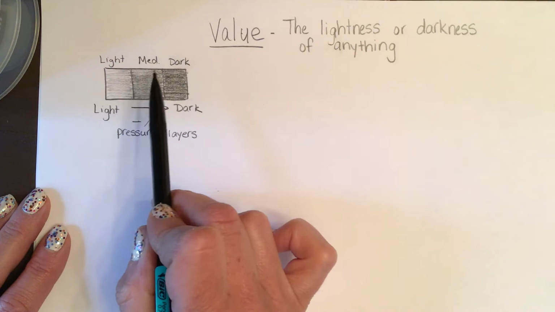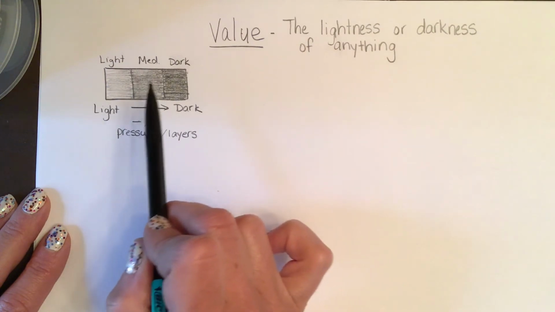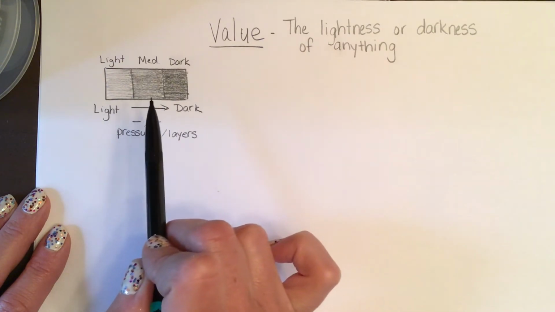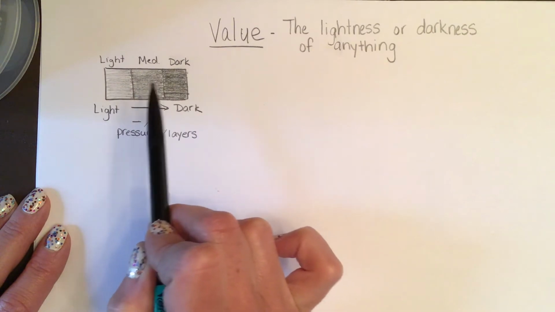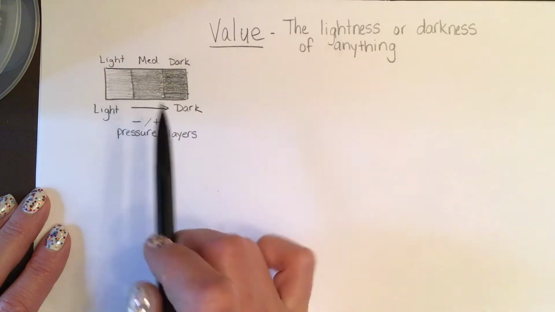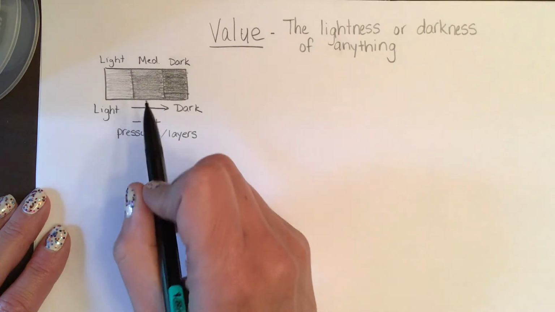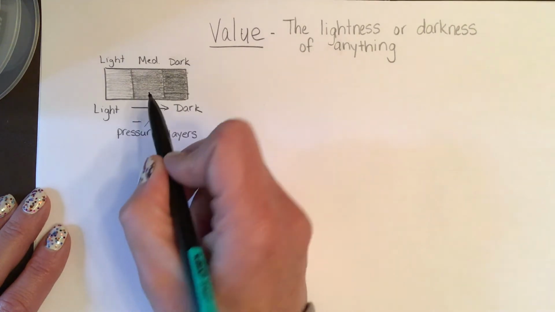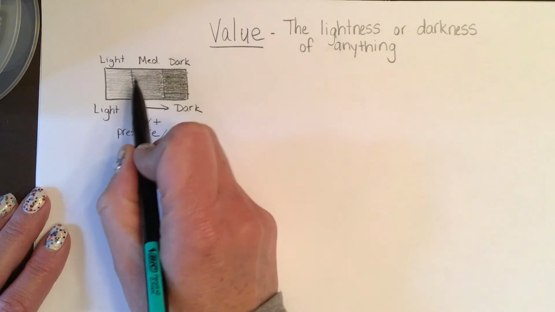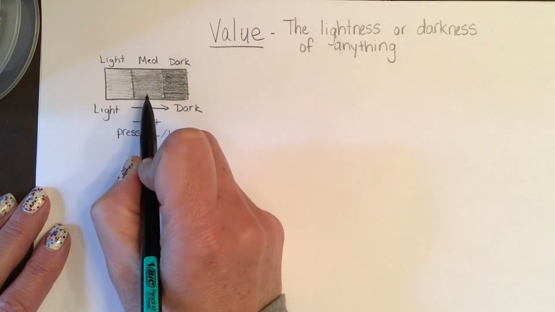As I did my medium value, I came all the way down with 1 layer first, and I worked it back up and created a 2nd layer. That started to make it a little bit darker. I also moved my hand down towards the front of my pencil, adding a little bit more pressure.